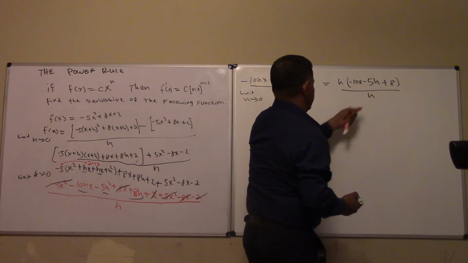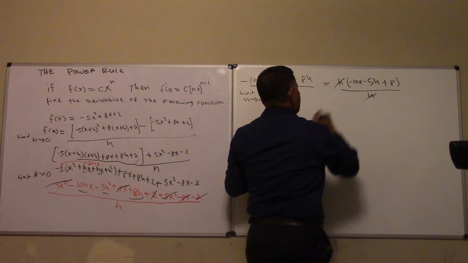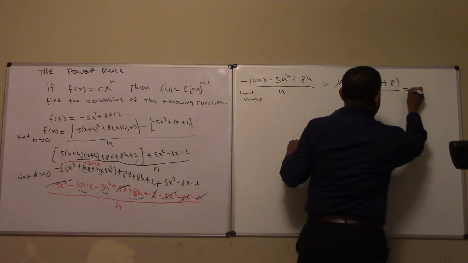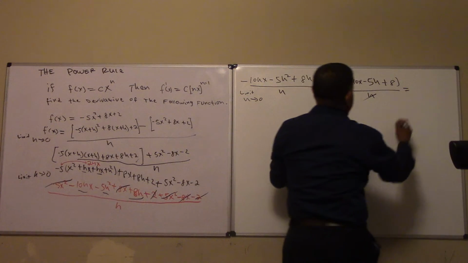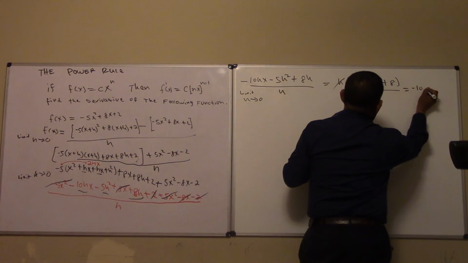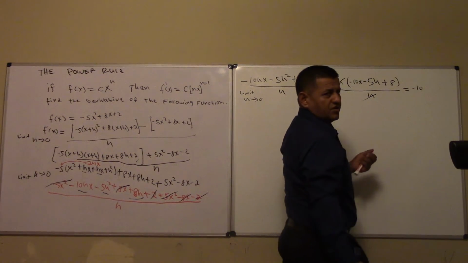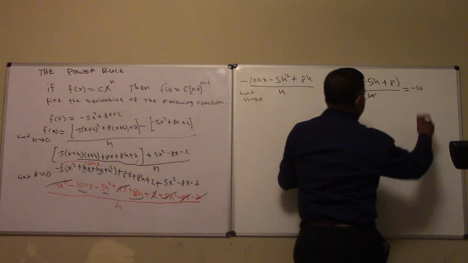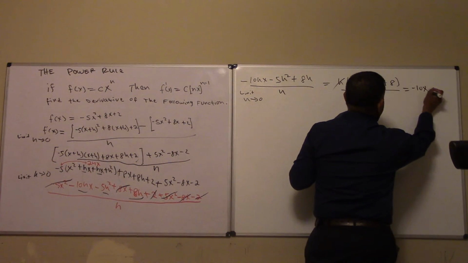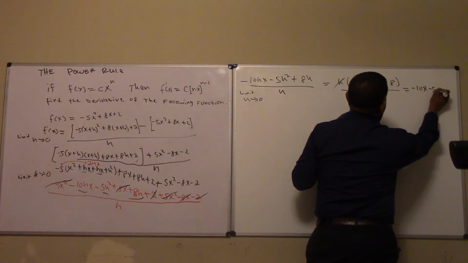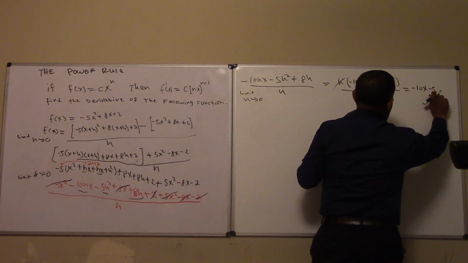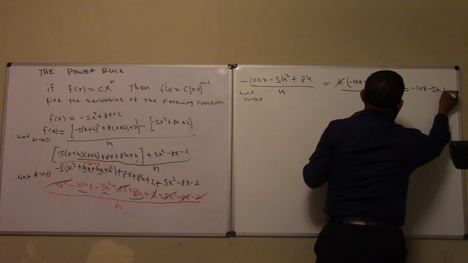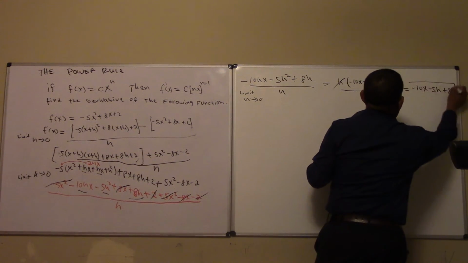Now we can cancel this, right? And then the slope of the line is what? Is negative 10. Actually, not yet, because I need to substitute the value for h, right? So negative 10x minus 5h plus 8.